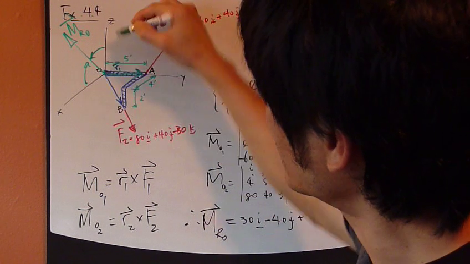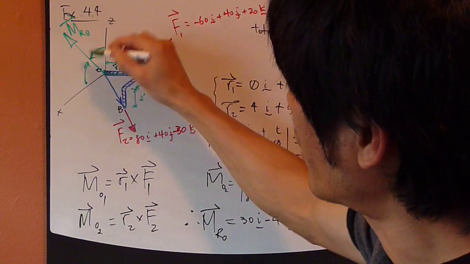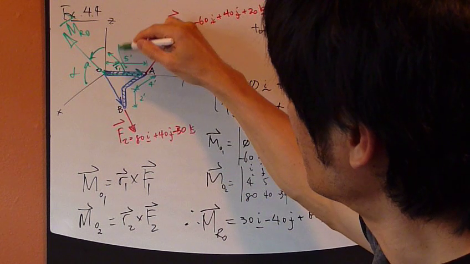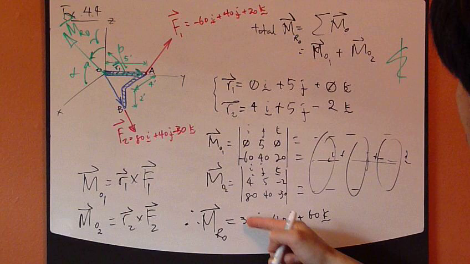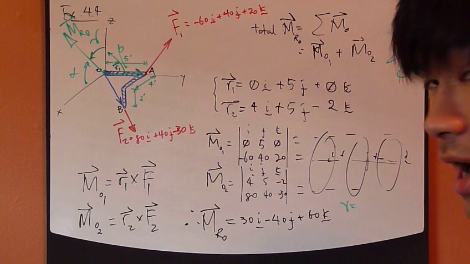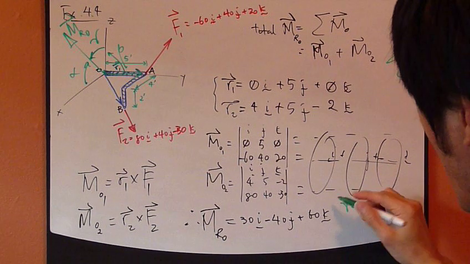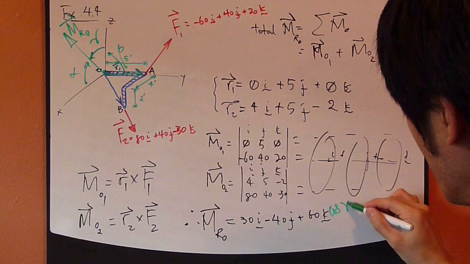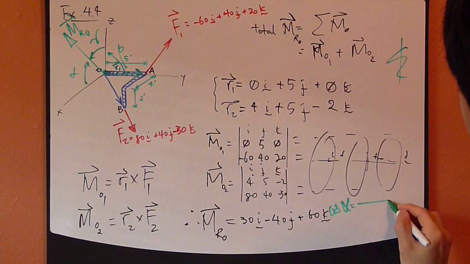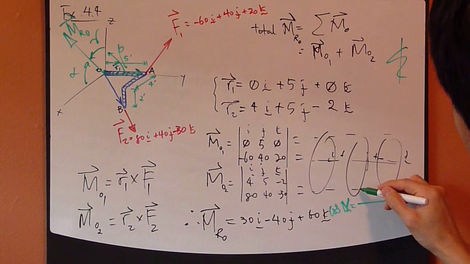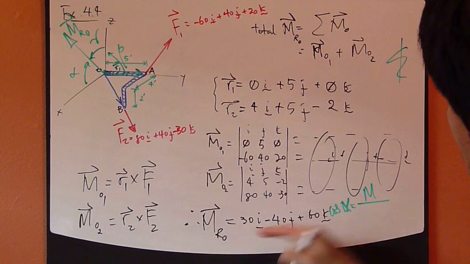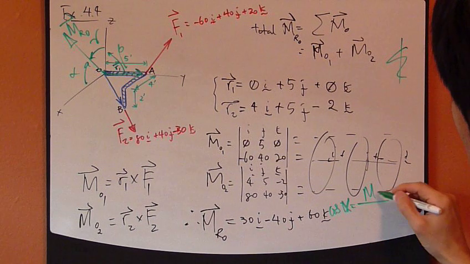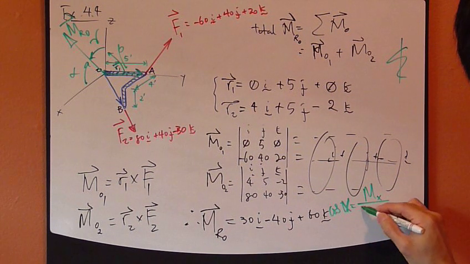So x, y, and z, so alpha, beta, and gamma. So refer back to your notes, right? You can figure out cosine of alpha equals the component, which is this right here, which is 30, but I'm just going to write a symbol, Mx.